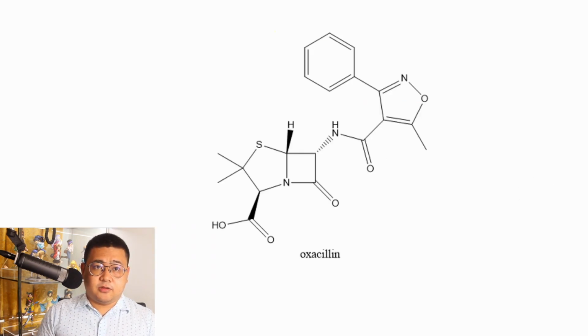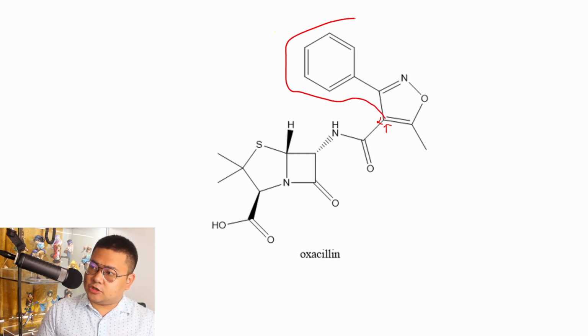So this on the screen you can see is oxacillin. Okay, so this is our alpha carbon. If it is a part of a ring system, it actually increases its activity against staphylococcal lactamases. As you can see, there is a very large portion that is added to our penicillin structure.